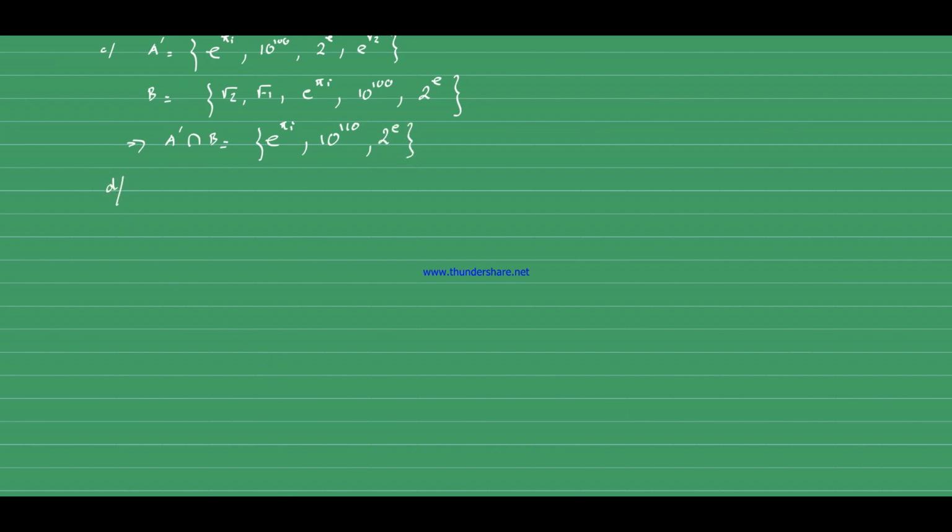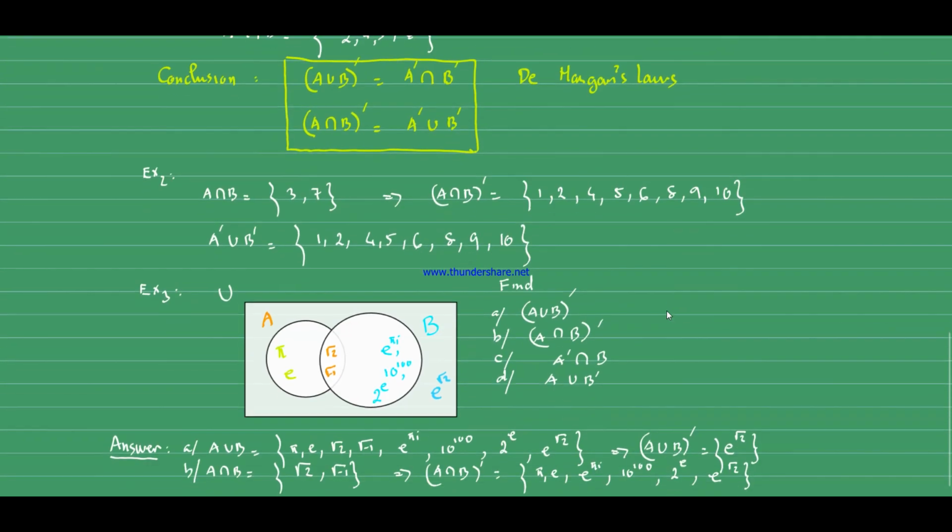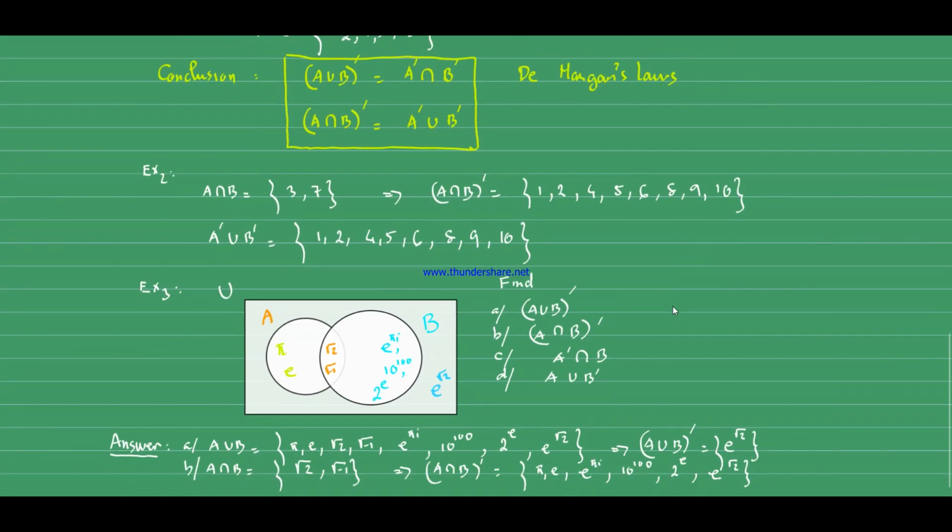And part D, we want to find A union B complement.